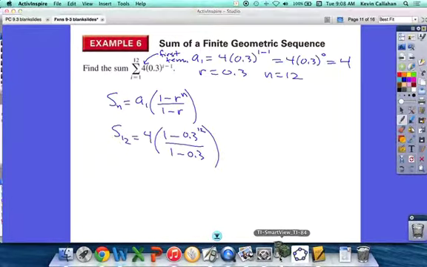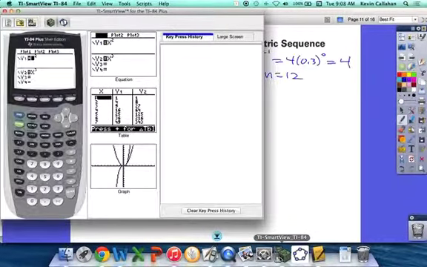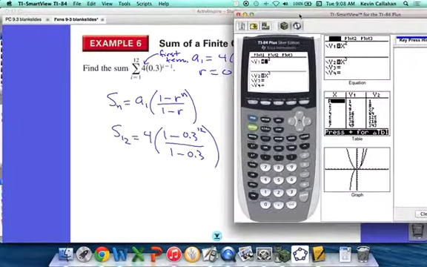I'm going to open up my calculator here. Okay, so second plus 7.